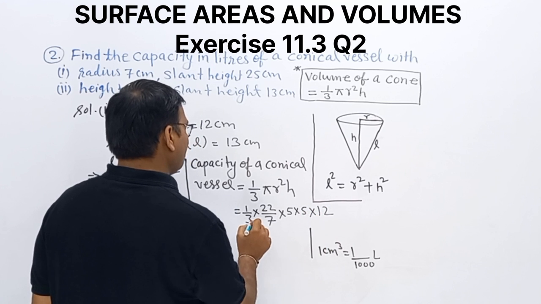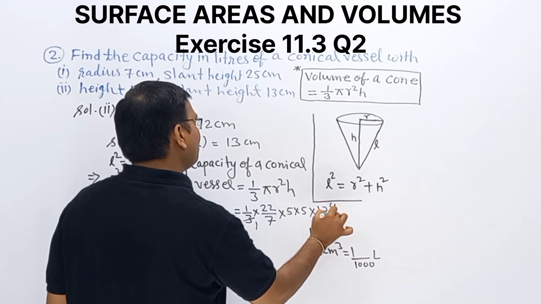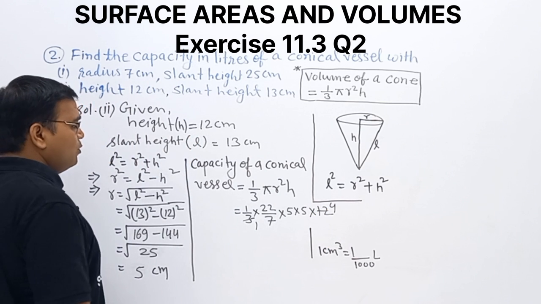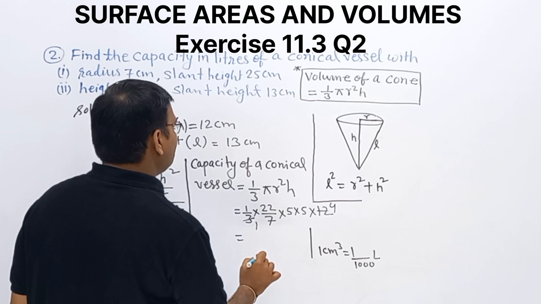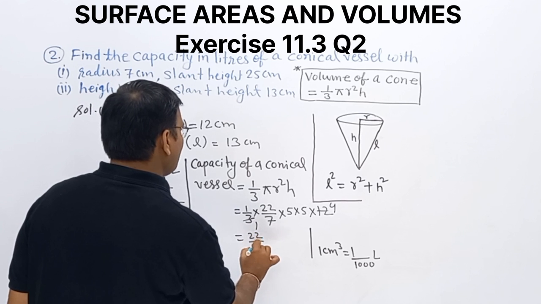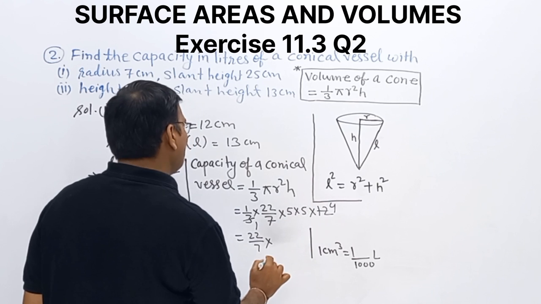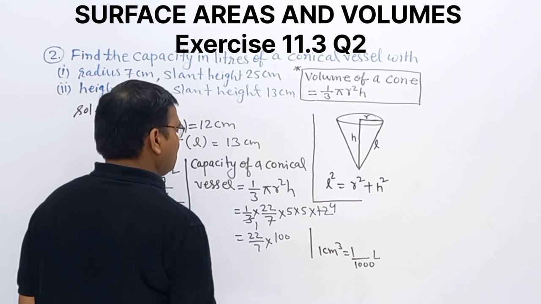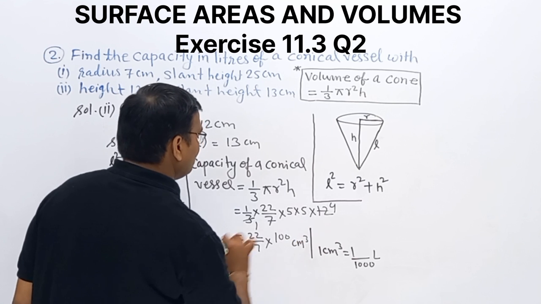Solve this one. 3 1 ja 3, 3 4 ja 12. Clear? Now this can be written as 22 by 7 into 5, 5 5 ja 25, 25 into 4, 100. Clear? In centimeter cube.